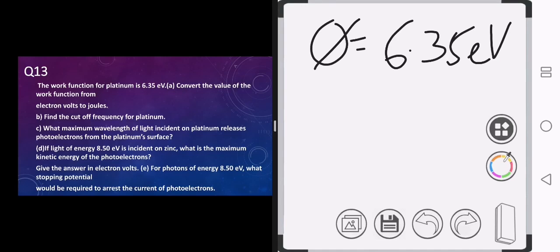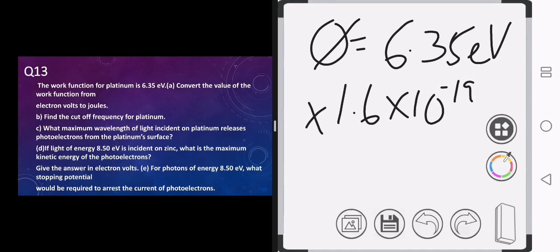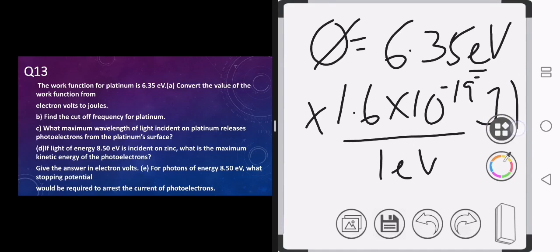Convert electron volt to joule. Use the conversion, so you multiply by 1.6. What is this 1.6? It is the value of the electron charge. Then divide by 1 eV, so that we can get the unit joule.